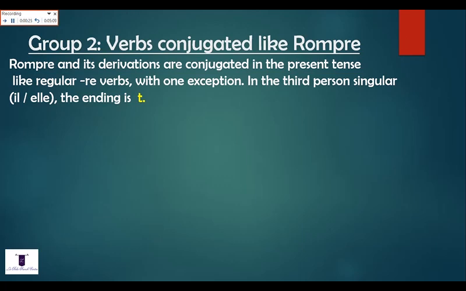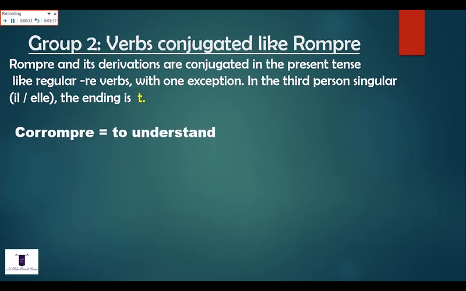In the third person singular, il and elle, for the regular verbs you don't add anything. But for these verbs, the ending will be T for the il ou elle.